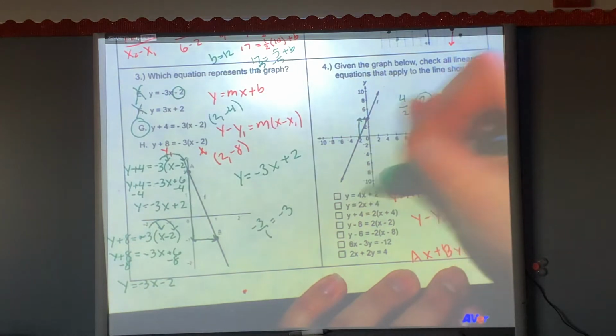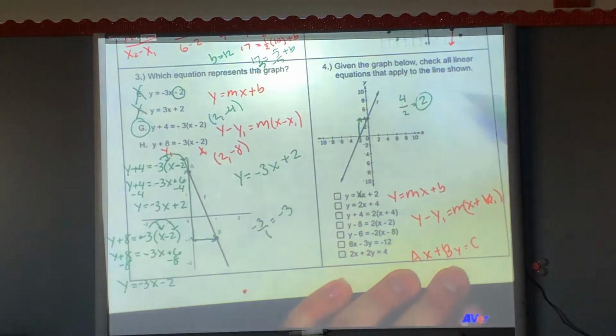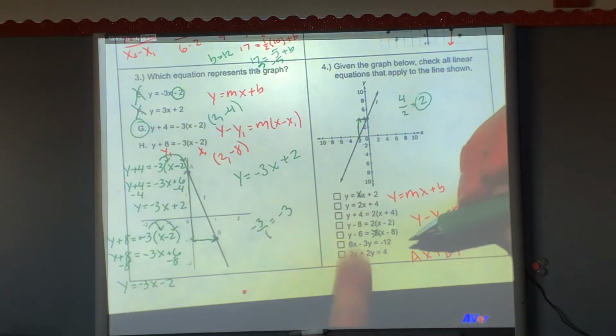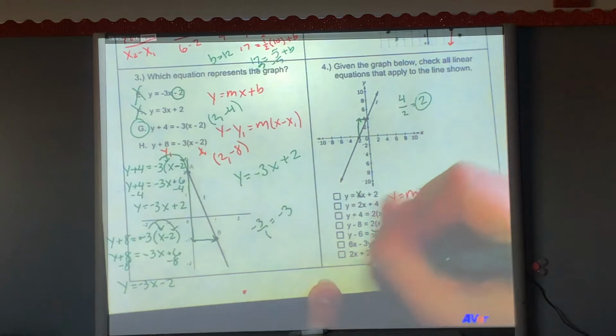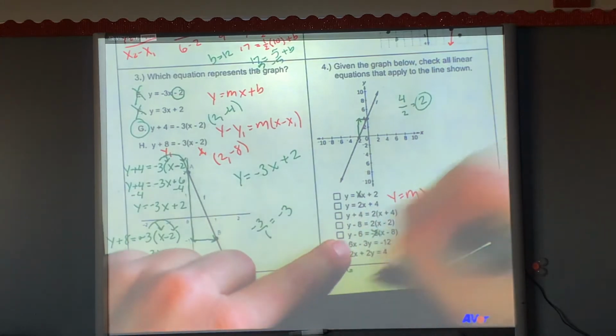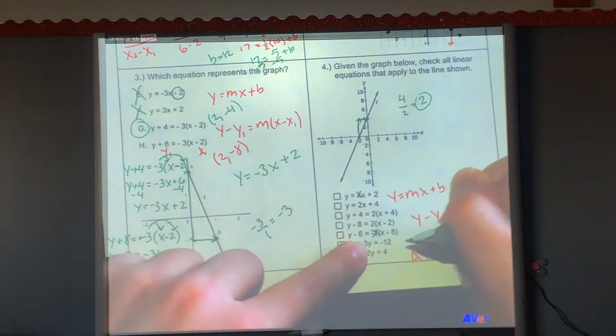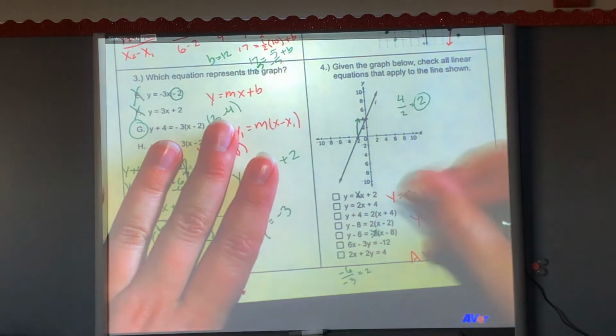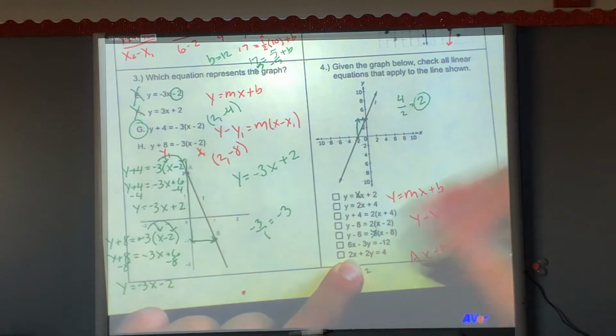I can automatically eliminate that question. I can eliminate that one. And if I'm trying to find the slope from either of these, I would take the negative of A and put it over B. So negative 6 over negative 3, which is a positive 2. So that one looks good. Then this one has a negative 2 over a 2, which is technically a negative 1.